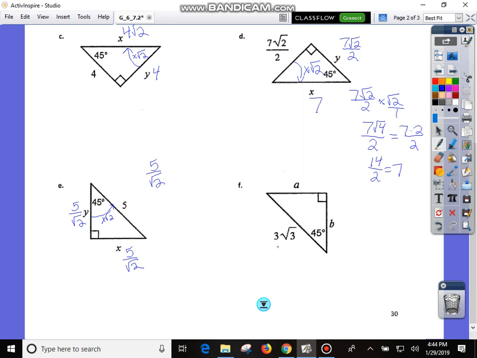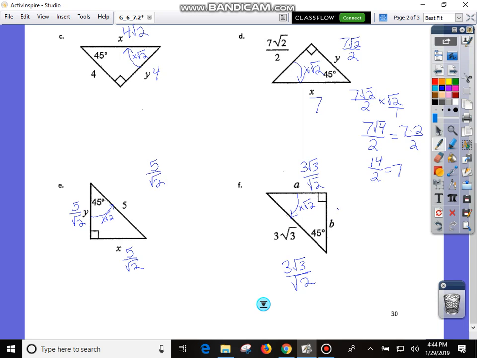Our last piece here in letter F, given the hypotenuse here, from our leg to our hypotenuse, we multiply by root 2. So I'm going to divide by root 2. So I'm going to take 3 root 3 and divide by root 2 here. Now, if this divided, I want to divide, it does not. So we're going to leave this as is, and that's just going to be 3 root 3 over root 2.